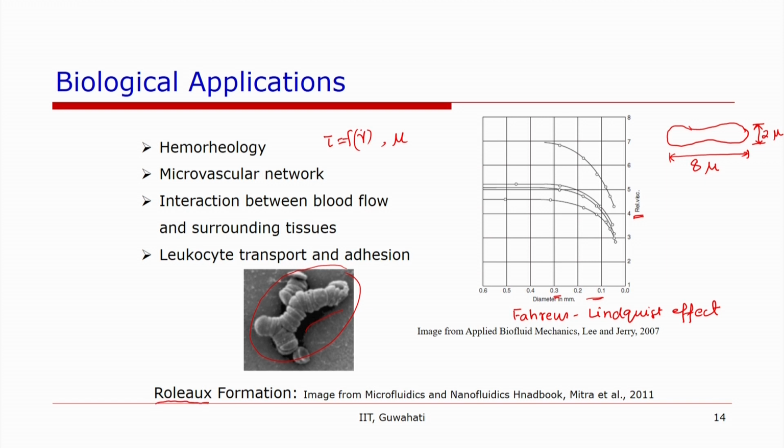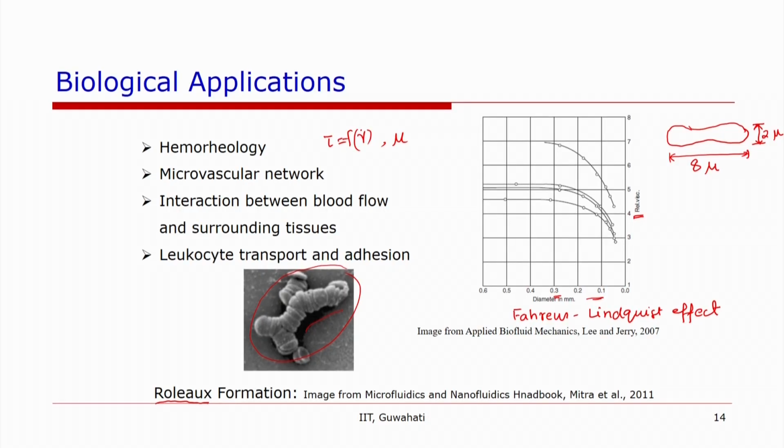And when this formation happens, blood is known to be a Newtonian fluid above a certain shear rate. But at lower shear rate, it behaves as a complex fluid. So, it shows shear thinning behavior.